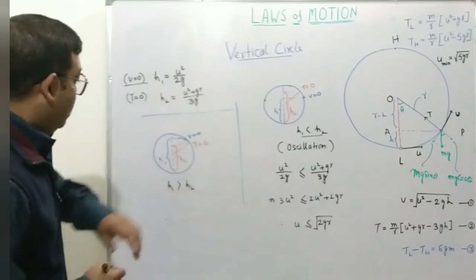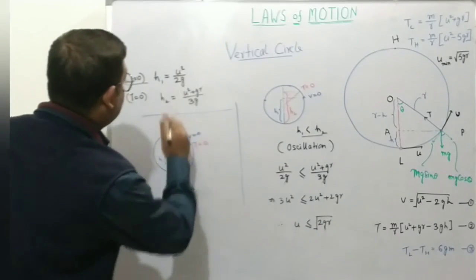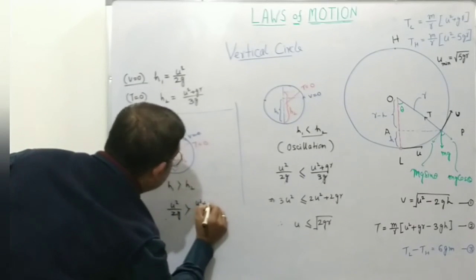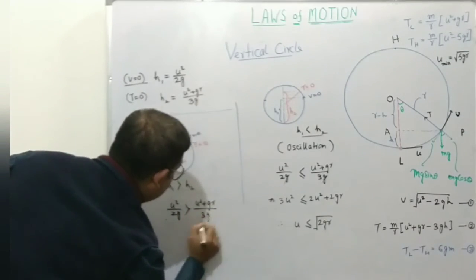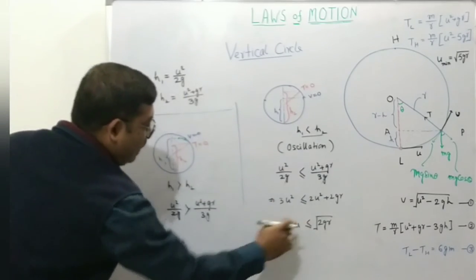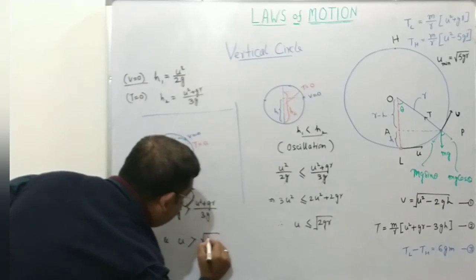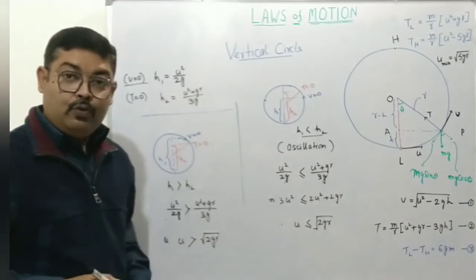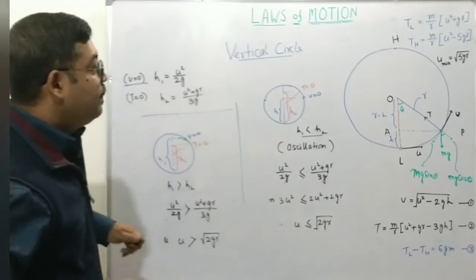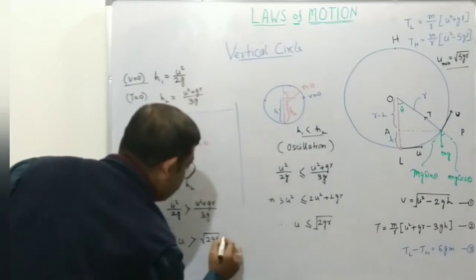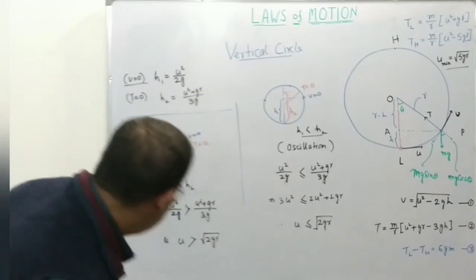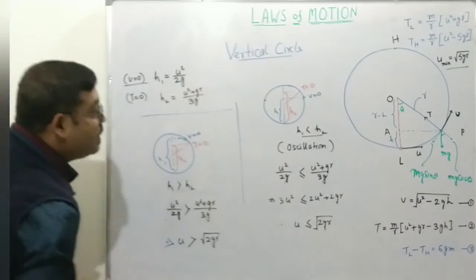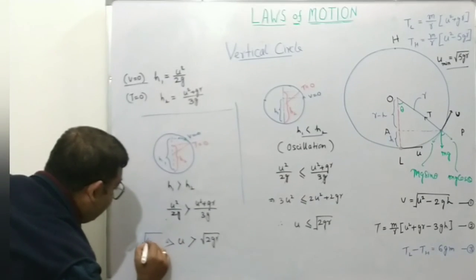Now, if we substitute the values, we get that u square by 2g must be greater than u square plus gr by 3g. That is to say, from similar analysis, u must be greater than the square root of 2gr. So if the velocity imparted is greater than square root of 2gr, however, it must be less than the minimum velocity, square root of 5gr.